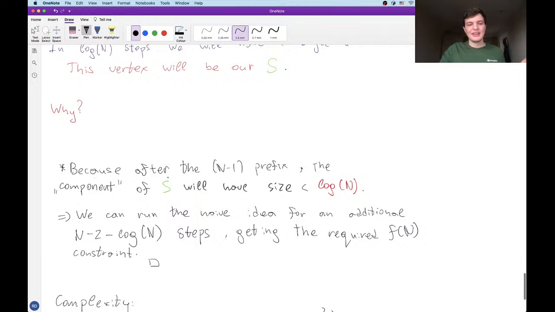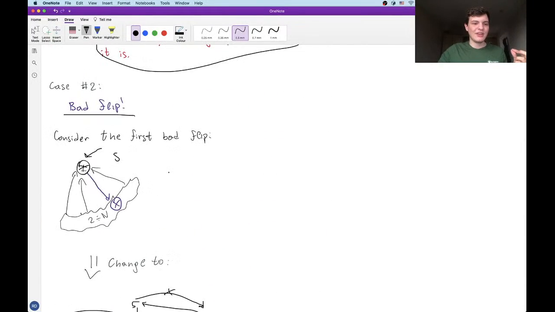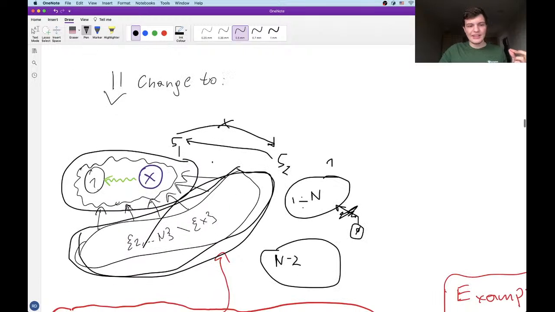So after the prefix, the component of S, by component I meant going back to the explanation here, the component of S had 1 and X, and in the prefix of length n minus 1, this component will have just size logarithm.